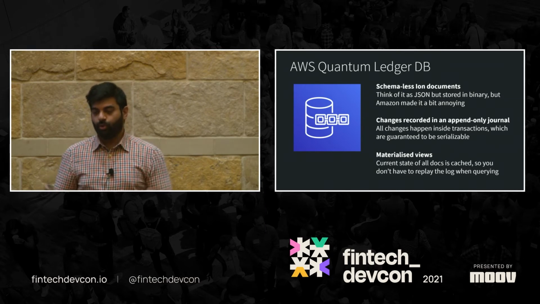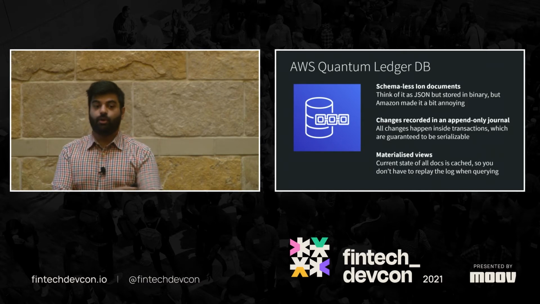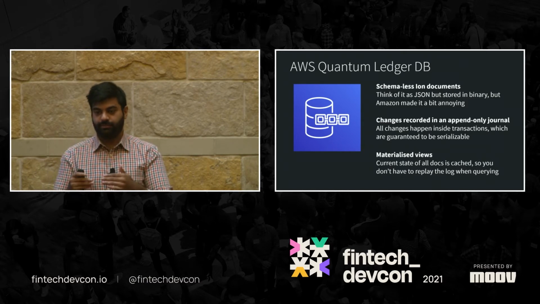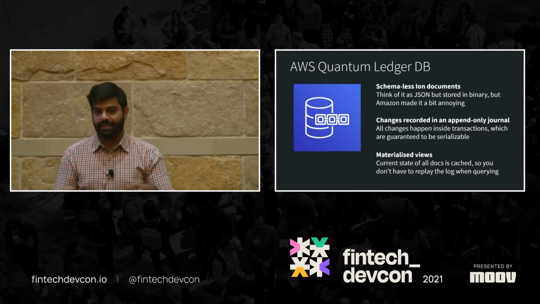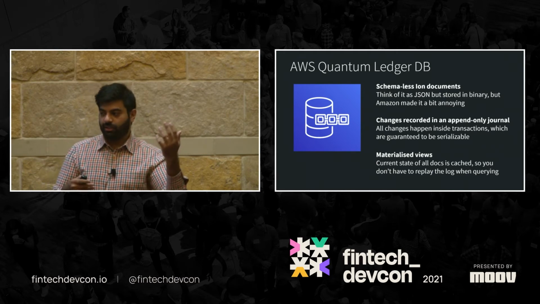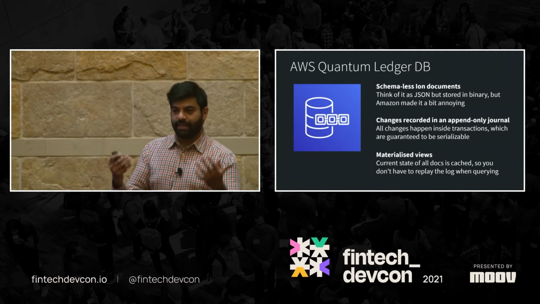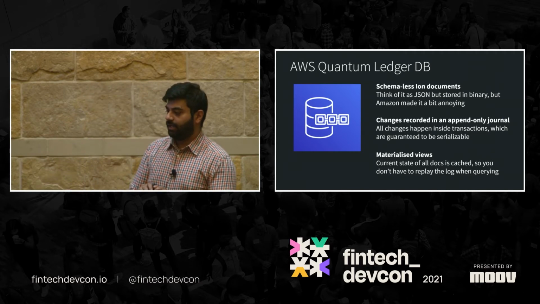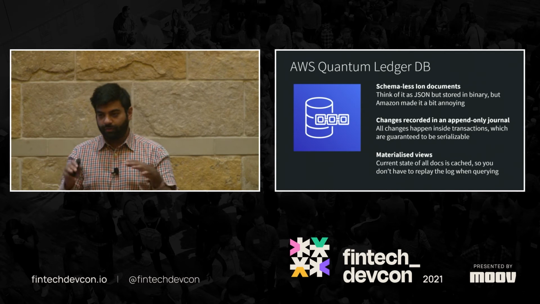The biggest difference with QLDB is that the most important part of the database is the journal. Now, most databases have this two-tiered system where the underlying system implementation is an append-only log file, and then they give you a user-friendly view on top that's relational or document database or whatever. But that log file version of the database, which just has the changes, is really low level.